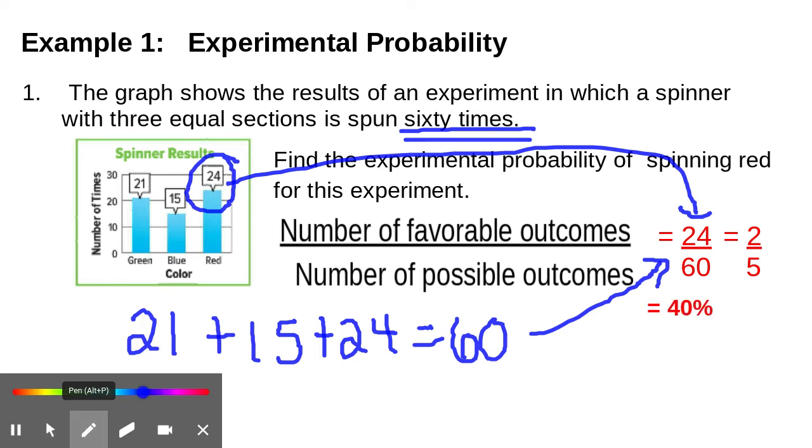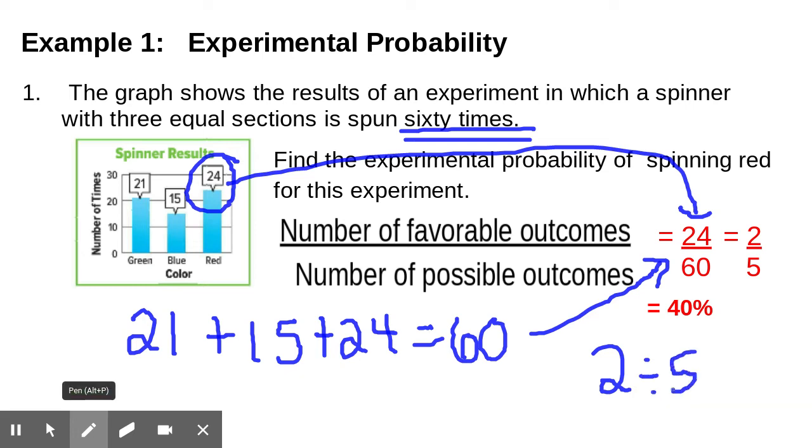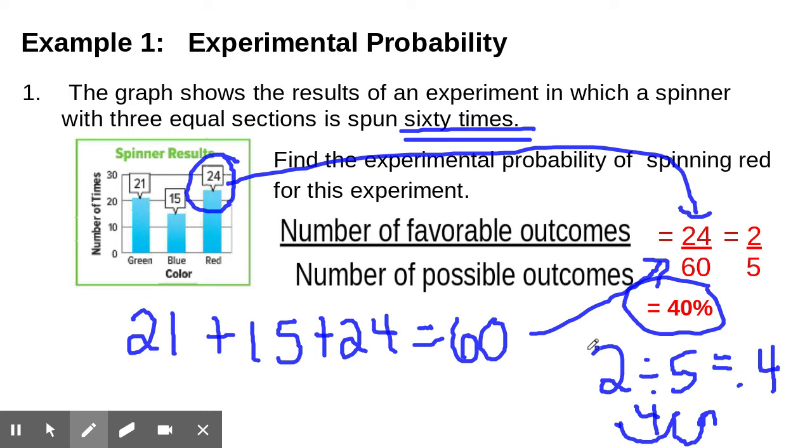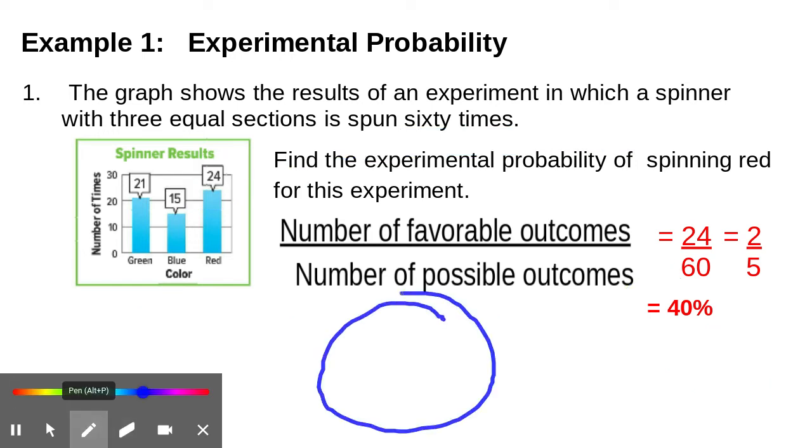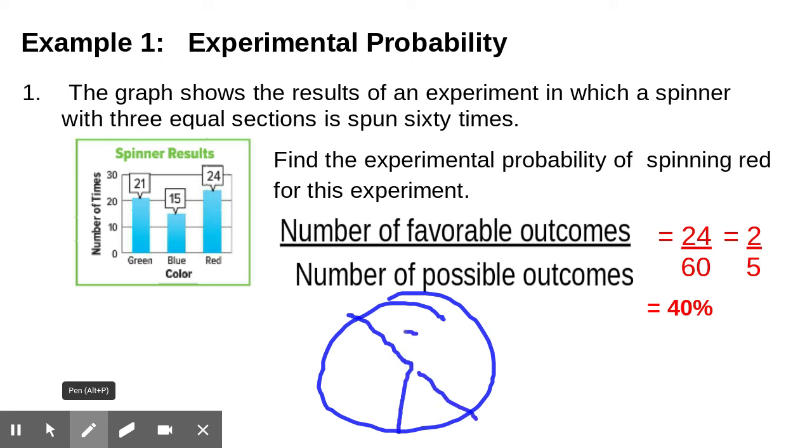How did I get that percentage again? Well, I take 2 divided by 5. That gives me 0.4. To change that to a percent, I move the decimal over 2 spaces. And so that's a 40% chance of happening. Okay, so that's my experimental probability of spinning this spinner. And if you remember, I drew that spinner with 3 sections, and I labeled this one green, this one blue, and red.